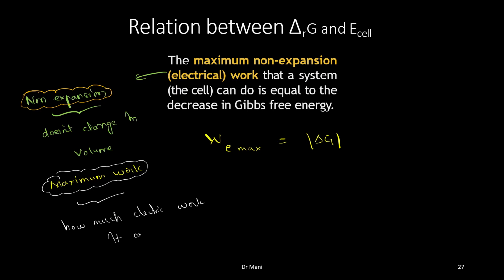Together, the maximum non-expansion electric work that a system can do is equal to the decrease in Gibbs free energy. Remember, delta G is the Gibbs energy of the cell reaction. We'll see what that is.